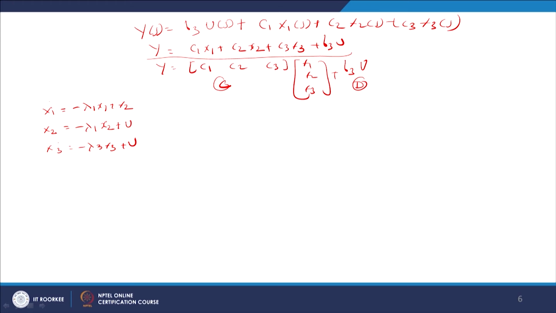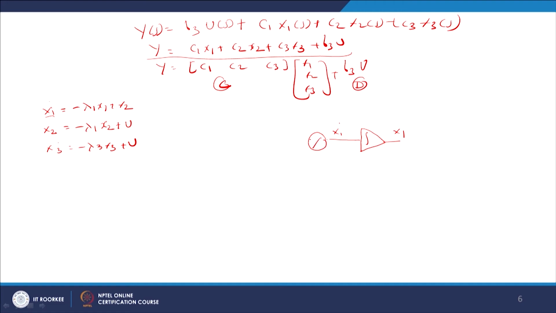Now, we have to develop a model. First of all we use one integrator for these equations. So, here I am using an integrator like this. Now, this is x1 dot and here is x1.